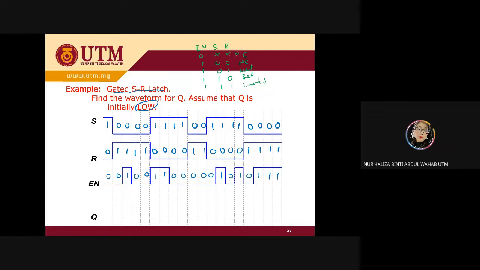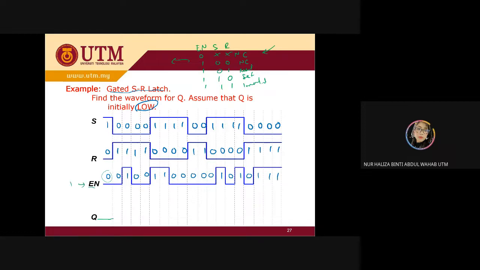Okay, so this is a truth table which we already know the conditions of SR. We have initial value 0 and our first EN is 0. It's going to be no change and also remain. Next, we look into our next input of EN.